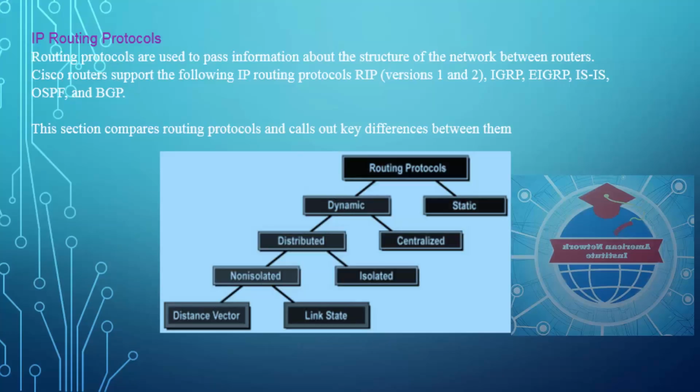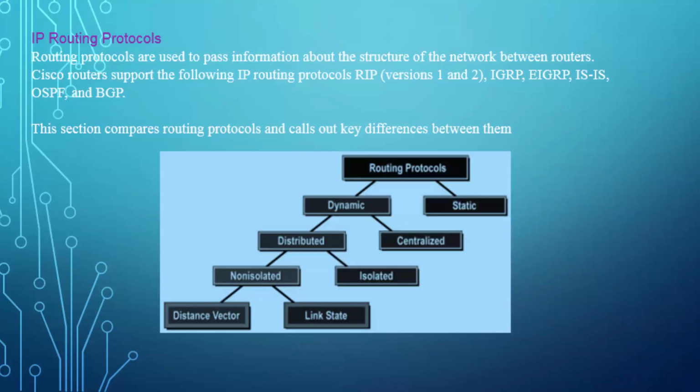As you know, routing protocols are used to pass information about the structure of the network between routers. Cisco routers support the following IP routing protocols: RIP version 1 and 2, RIPng, which stands for new generation and is used for IPv6, IGRP, which we don't use that much, EIGRP, the one that we're going to see more often, IS-IS, which we are barely going to see, and it doesn't stand for the terrorist group, OSPF, and BGP.